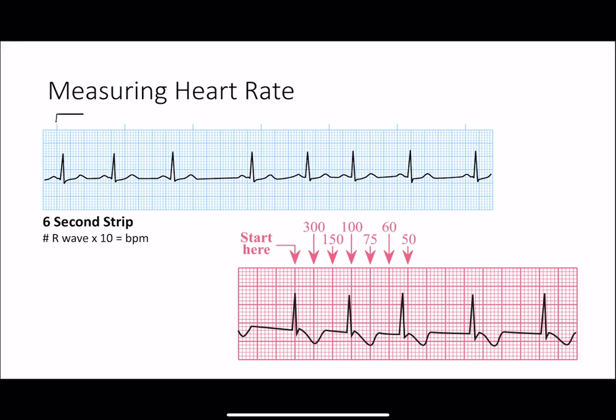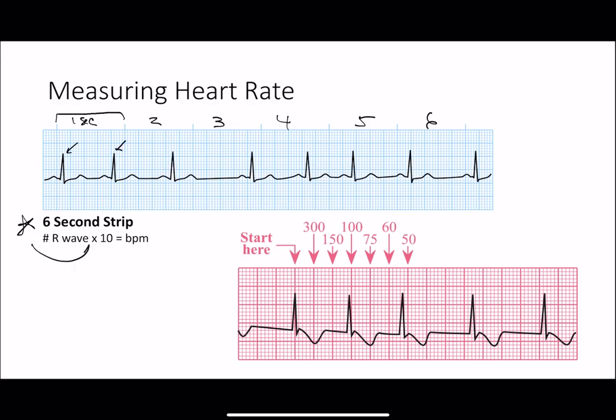Since 5 big boxes combined are 1 second, you can look at a 6-second strip pretty easily. 1 second, 2 seconds, 3, 4, 5, 6. Each R wave represents a beat of the heart.